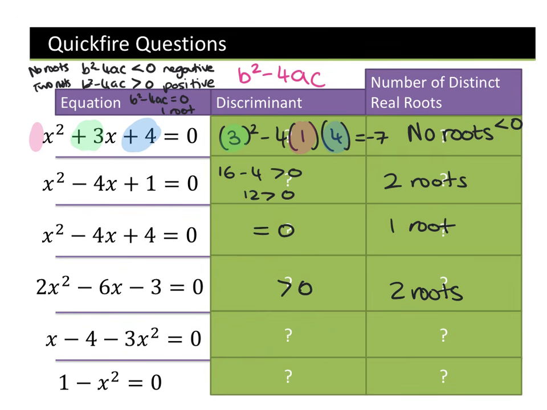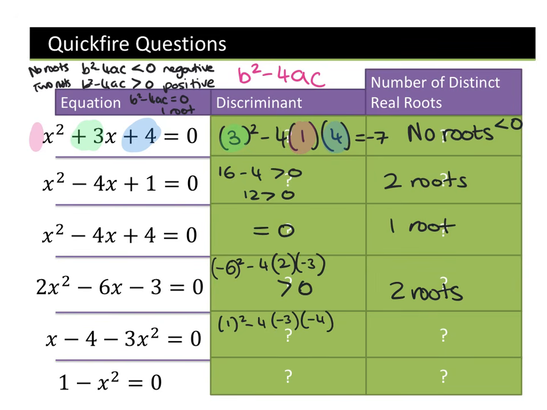That's because I'm doing negative 6 squared, which is 36, minus 4 lots of a, which is 2, times minus 3. I know that I've got a positive plus a positive, so I don't even have to work that out. For the next one, I'm going to have 1 squared minus 4 lots of minus 3, lots of minus 4.